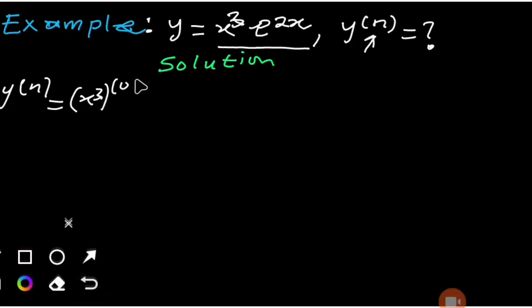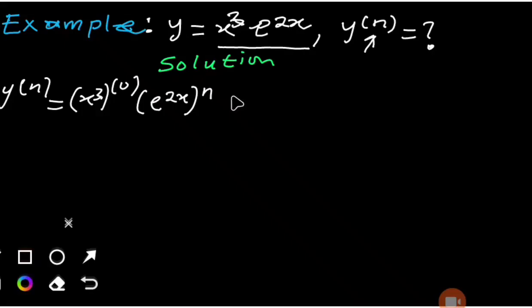I use brackets for the power, which indicates derivative, so that you differentiate it from a normal power of a variable. Then what happens to the exponent of 2x? The exponent of 2x will take the maximum derivative.